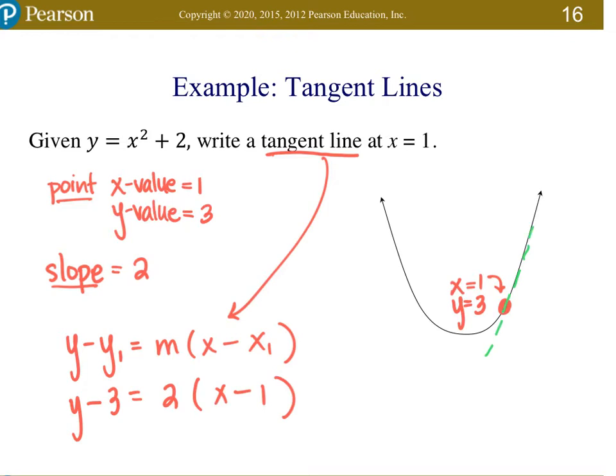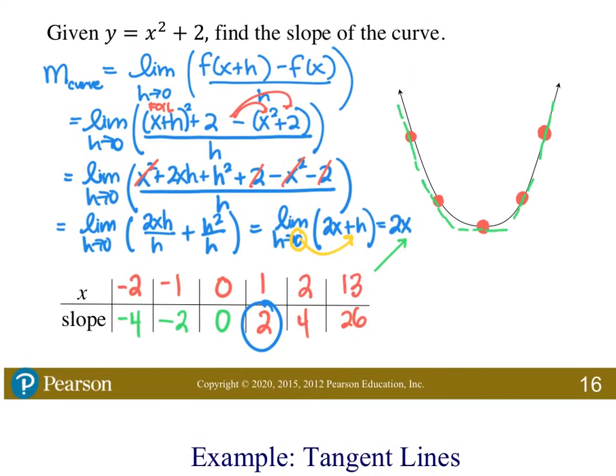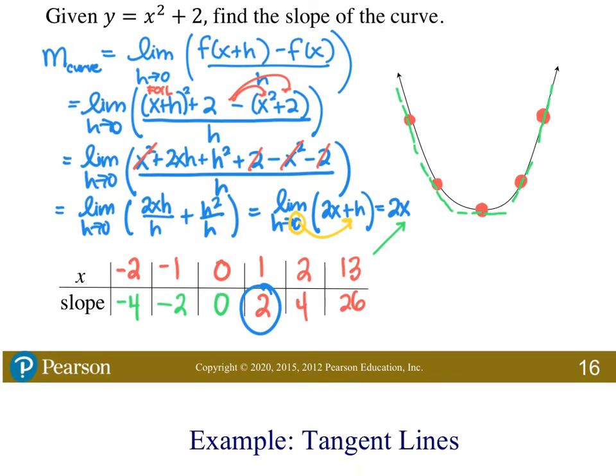You could write a tangent line at any point. I could ask you to write the tangent line over here where x was -2. So if that's true, then we'd have to find out what y is, which we plug into the original equation, and y would turn out to be 6. And then we would use the slope from this previous table, and the slope was -4.